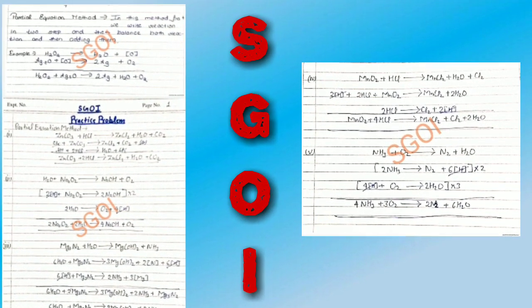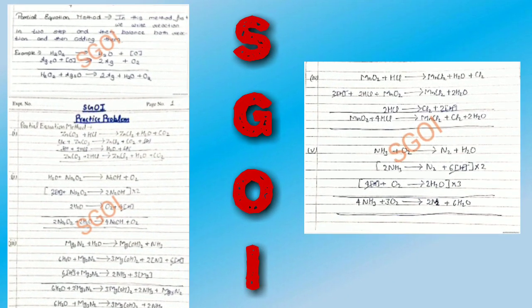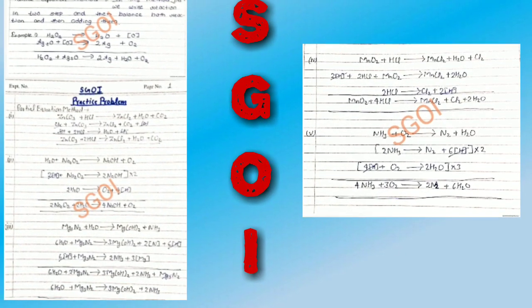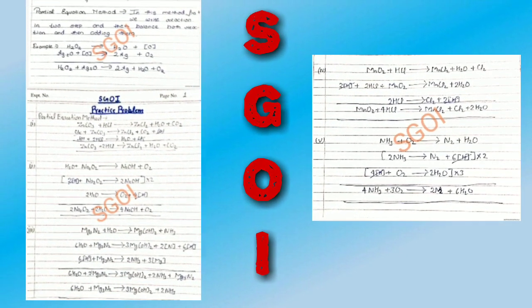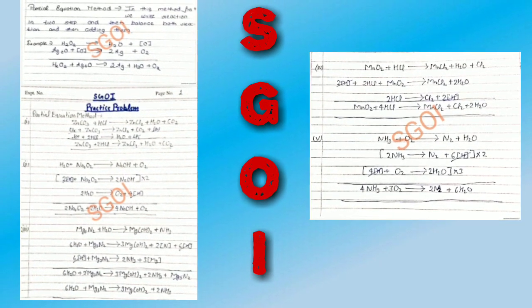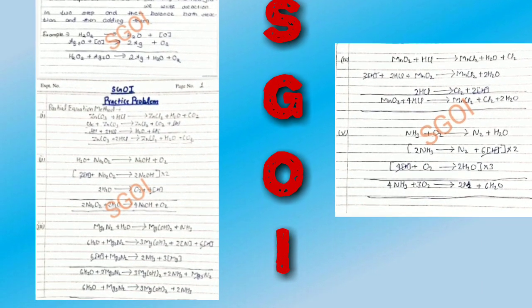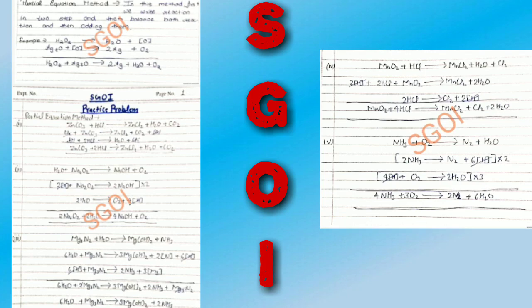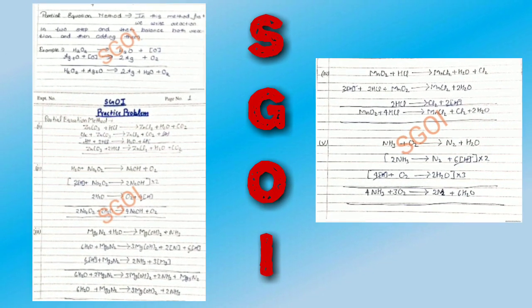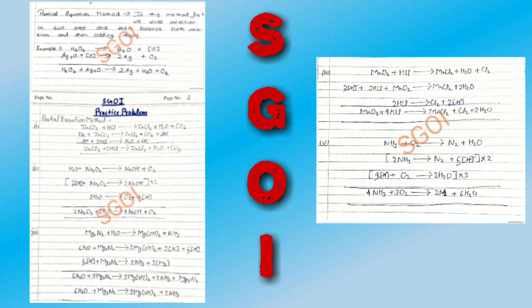Balance these two half reactions individually, multiplying by a suitable number in the first half reaction, that is 2, and then add both half reactions so that nascent hydrogen cancels out and the final reaction comes out to be 4NH3 plus 3O2 gives 2N2 plus 6H2O.